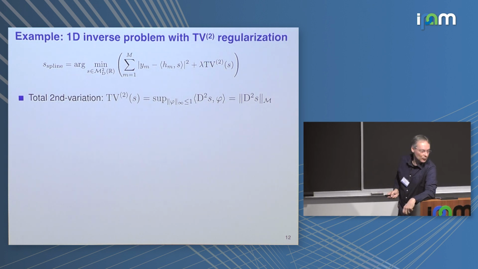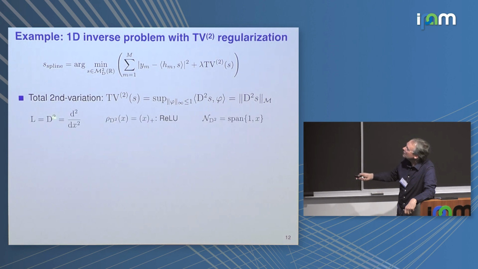Total variation 2. It's not exactly the same as standard TV, so it's one order above. Total variation 2 is like this M norm applied to the second derivative. Here, the second derivative has Green's function ReLU and null space 1 and x.